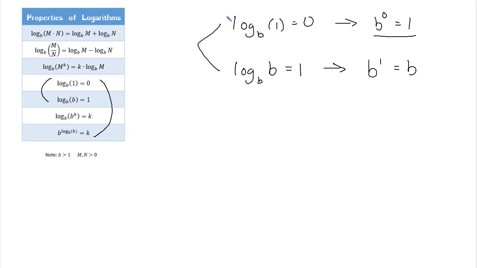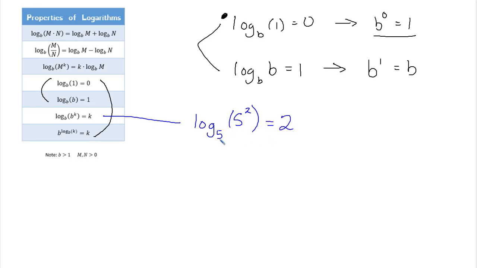You should have been able to discover at least this first one in the assignment from yesterday. Now this next one again comes from looking at the properties we had above. Let me put numbers in this because it seems to make things easier. Log base 5 of 5 to the 2nd power is equal to 2.